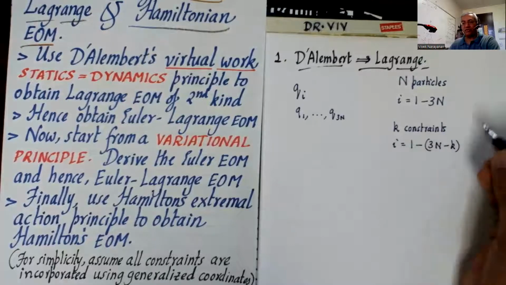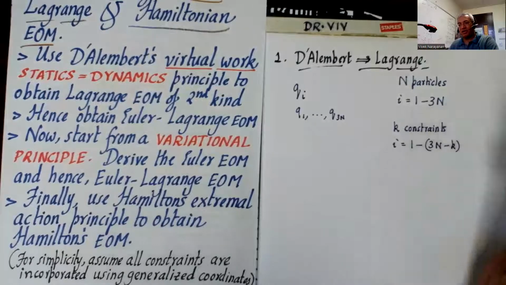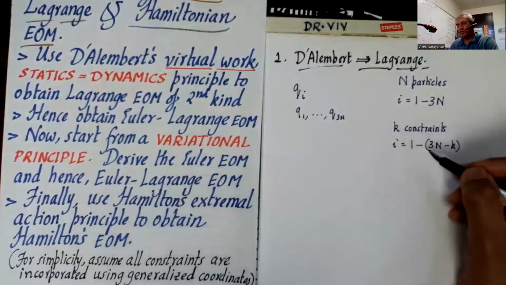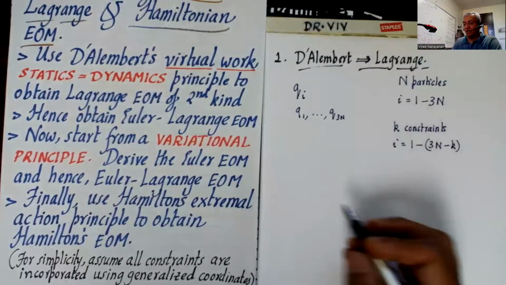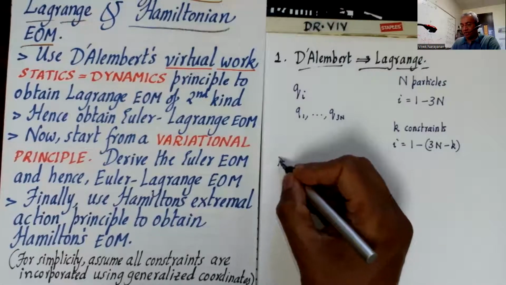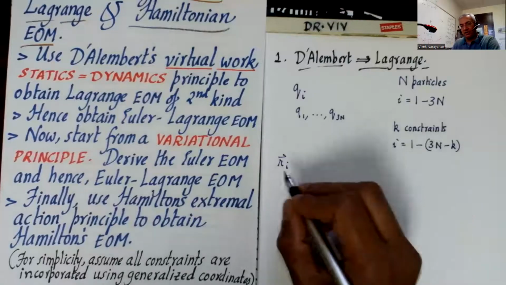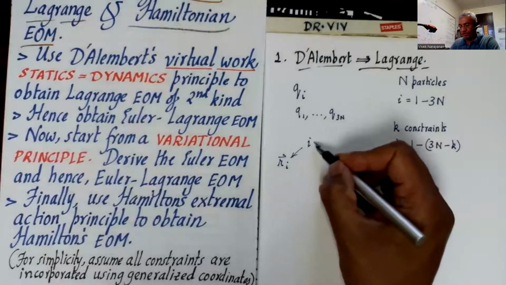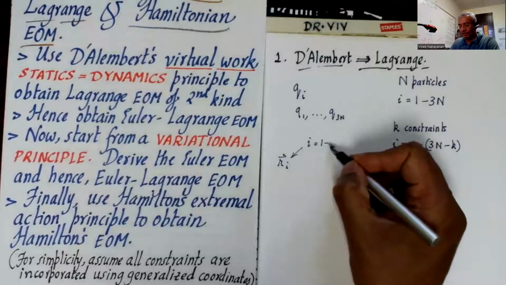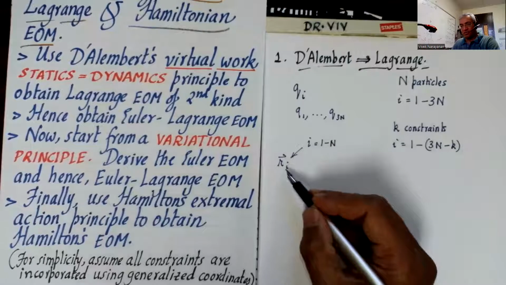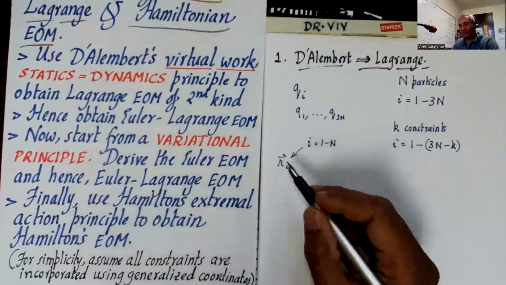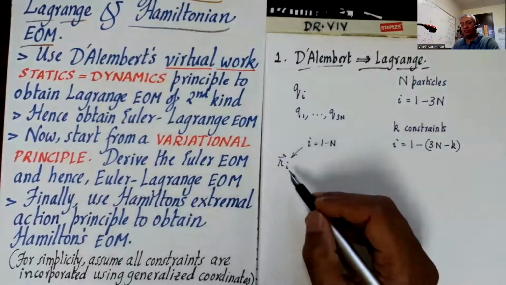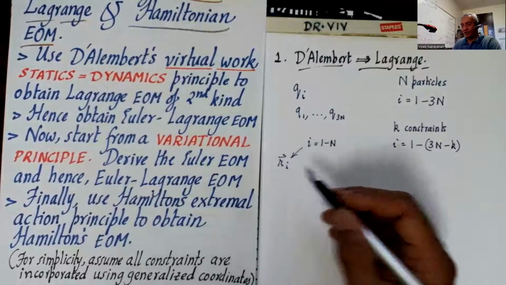So if there are no constraints, then i runs from 1 to 3n. If there are k constraints, then i runs from 1 to 3n minus k. Now each particle has got a position vector r_i, where i here runs from 1 through n, because r with the vector sign means x, y, and z. So each of these particles has got a position vector r_i.